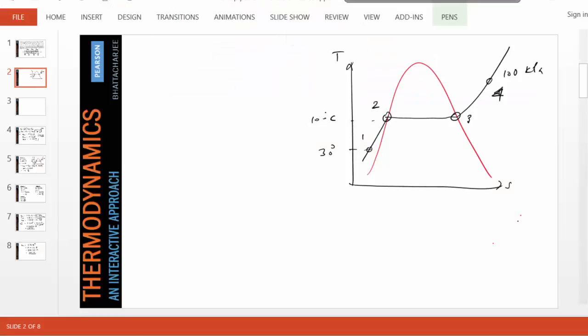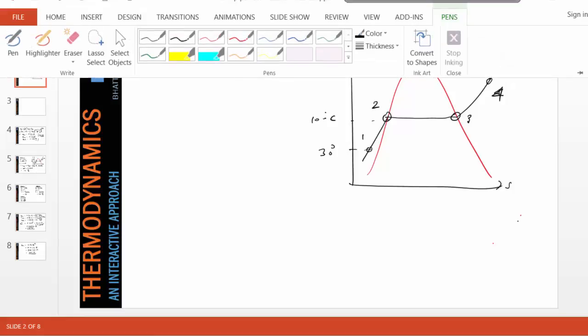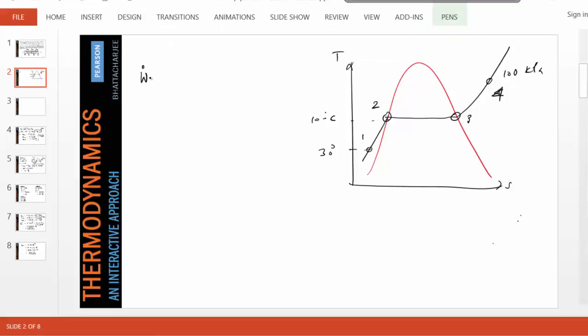The different sections that we got: W dot in section A using PC model, we got 291 kilowatt. W dot in C, we got 199 kilowatt. This is also PC model. And W dot in B, which was the largest, 2258 kilowatt.